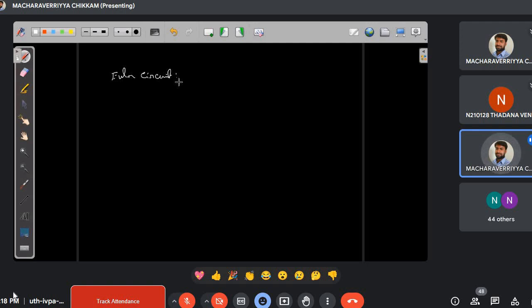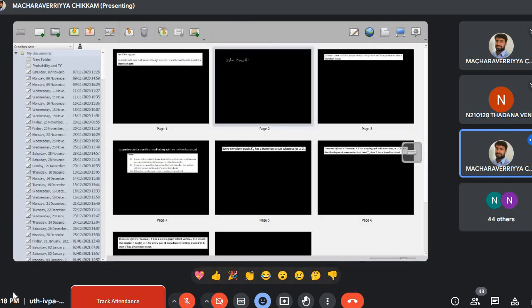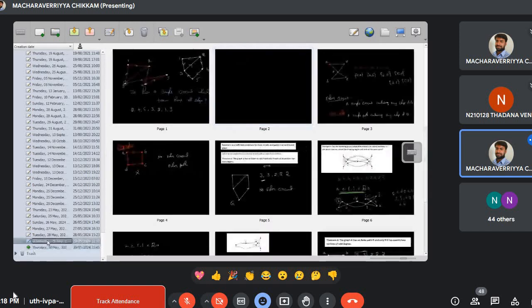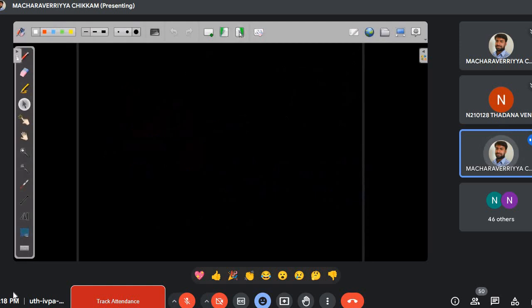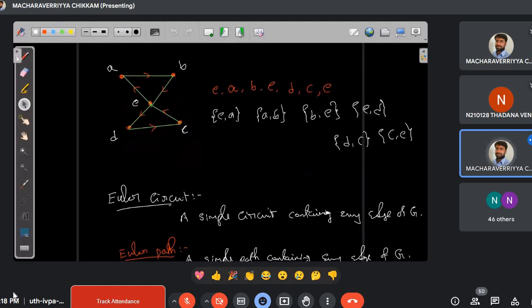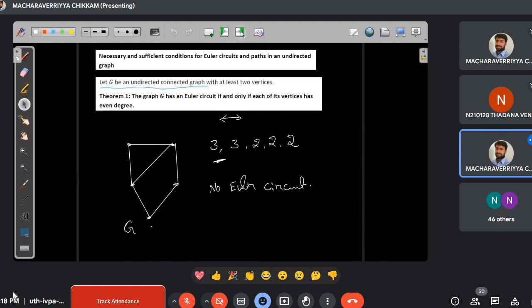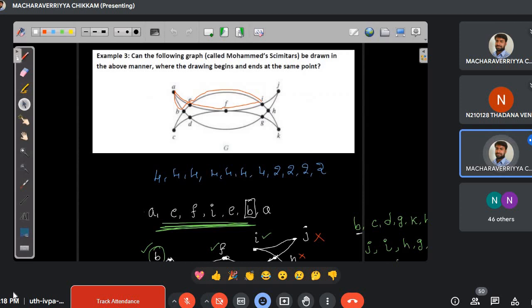If every vertex is of even degree, then it is possible to find an Euler circuit. But how about the Euler path? You need two vertices of odd degree. Then we can guarantee that there is an Euler path, right? So these are the two theorems we have seen for the Euler circuit and Euler path, necessary and sufficient conditions.